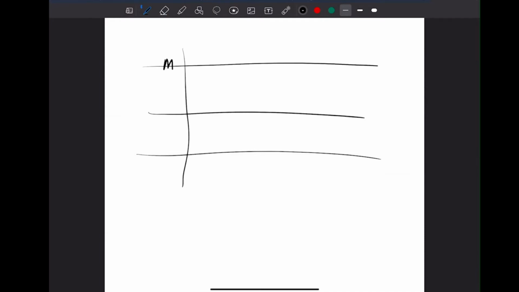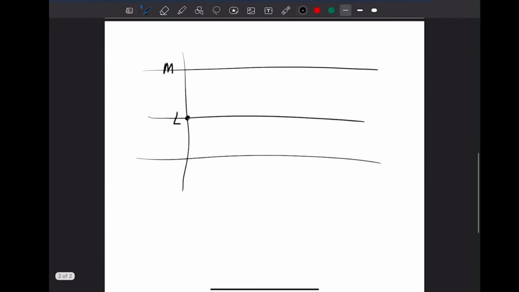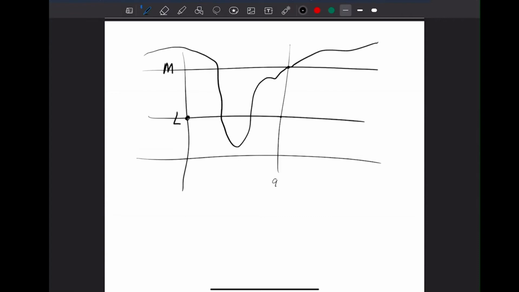We've got our value m and L over here, and a over there, and the limit of f is L, the limit of g is m. So let's say g looks like that, and let's say f looks like that.